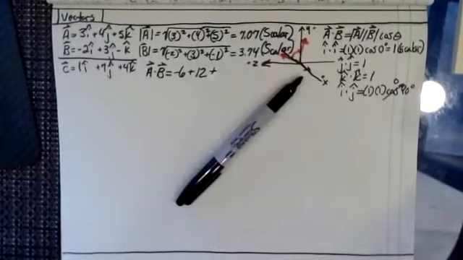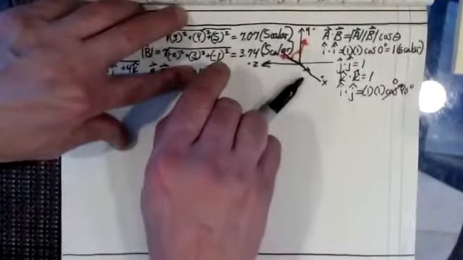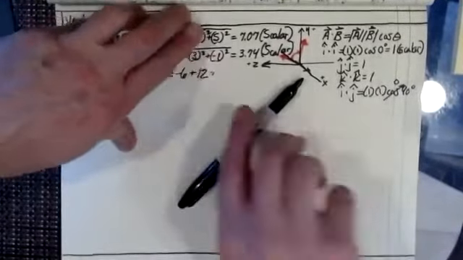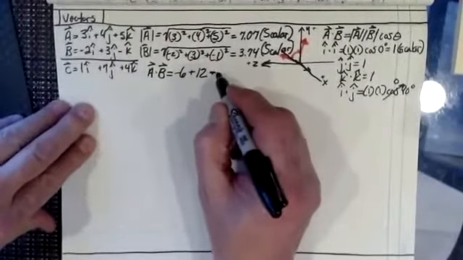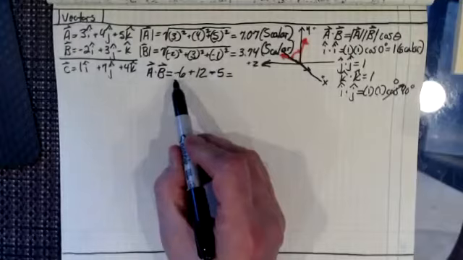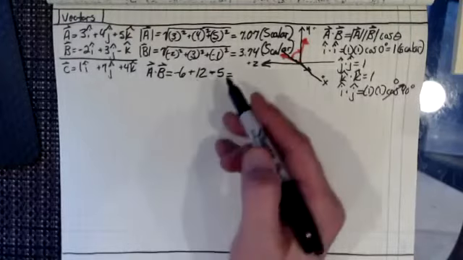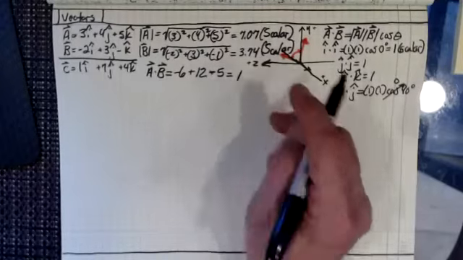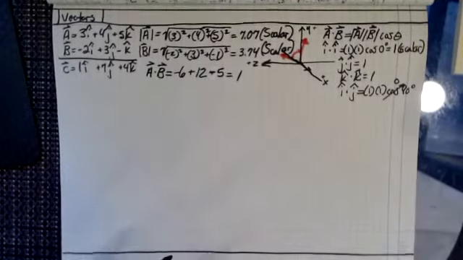Oh, I did it again. All right, so it's minus 5. And so you can see that that's minus 6, minus 5, minus 11, and 12, so that's going to be 1. So A dotted with B is 1.